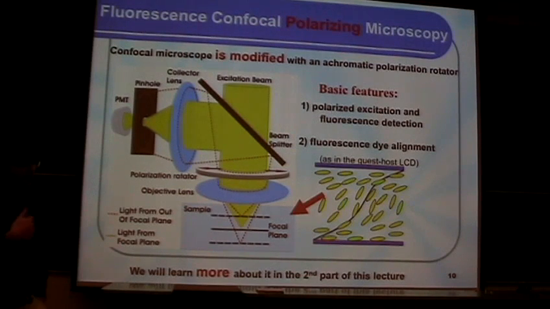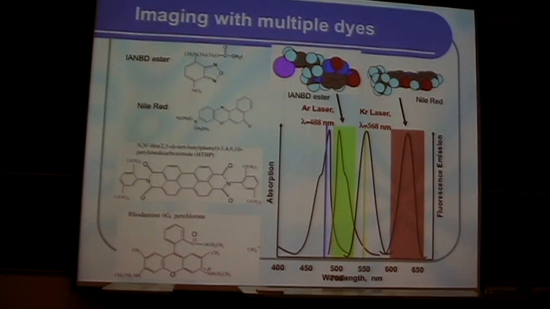So the basic features of this approach are that one uses polarized excitation and fluorescence detection, and in addition one also uses fluorescent dye molecules that align and follow the orientation of those liquid crystal molecules in this particular case, and this allows for visualization of patterns of molecular orientation.